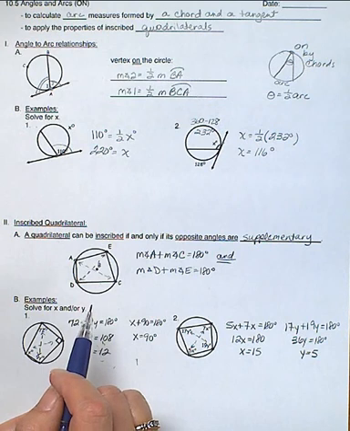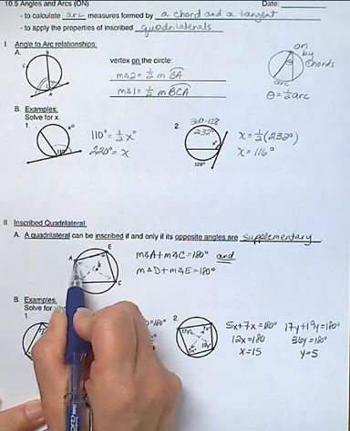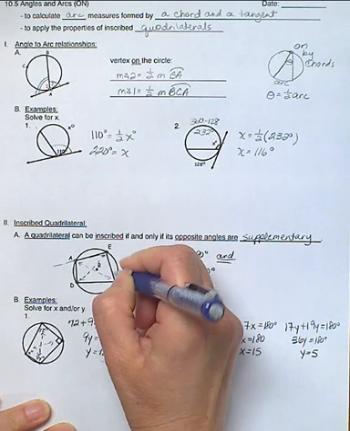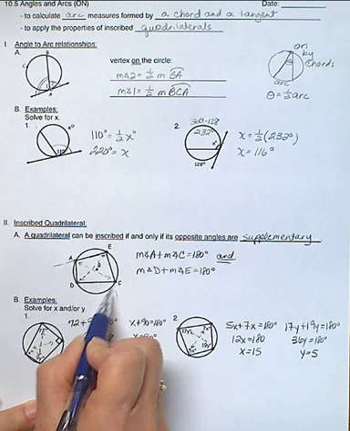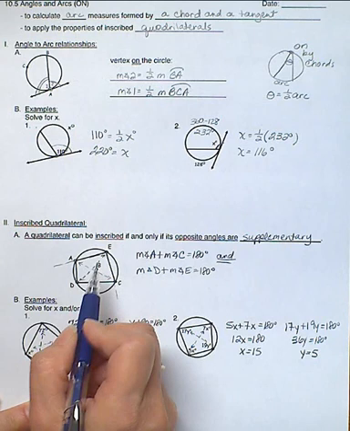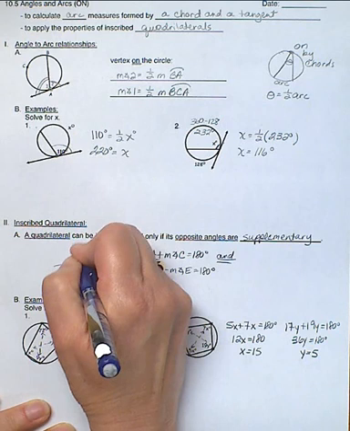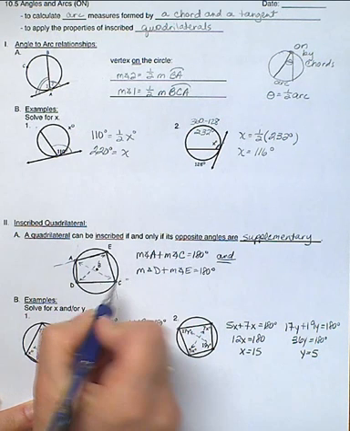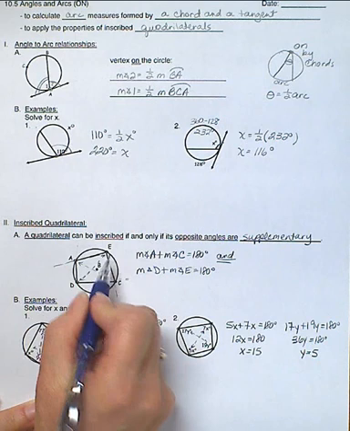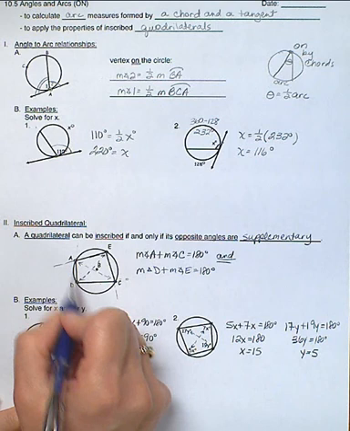So what you will notice is that angle E here intercepts this much of the circle. We notice that angle D intercepts the rest. So together they intercept all 360.